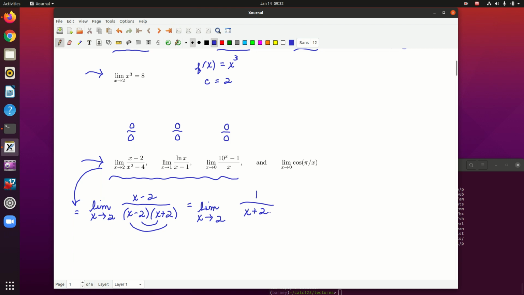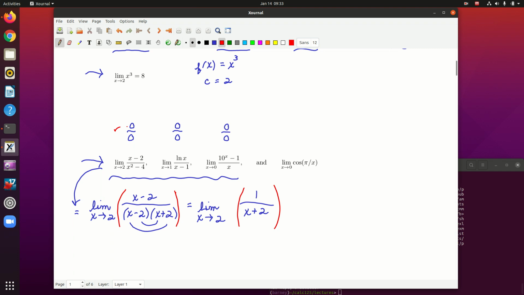Now, it's important to realize that as functions, this function technically is different than this function, because the second one makes sense when you plug in 2. The first one doesn't make sense when you plug in 2, because you're back to this 0 over 0 stuff. But when we're taking the limit, we don't care what happens at 2.